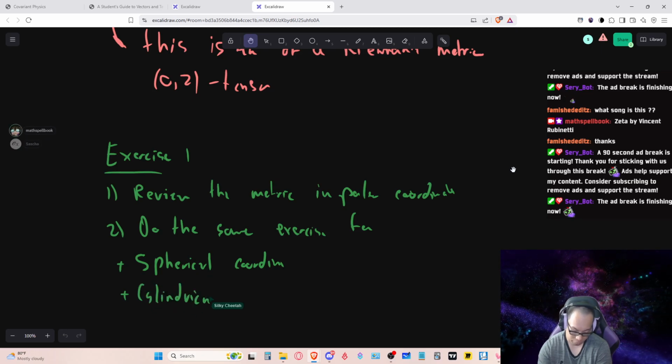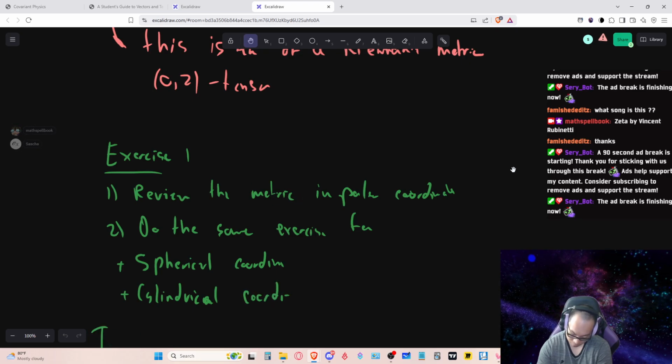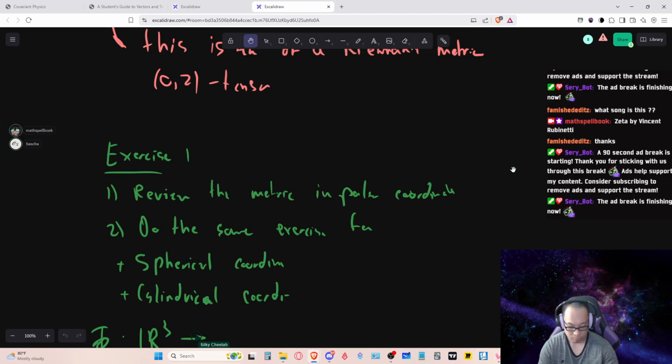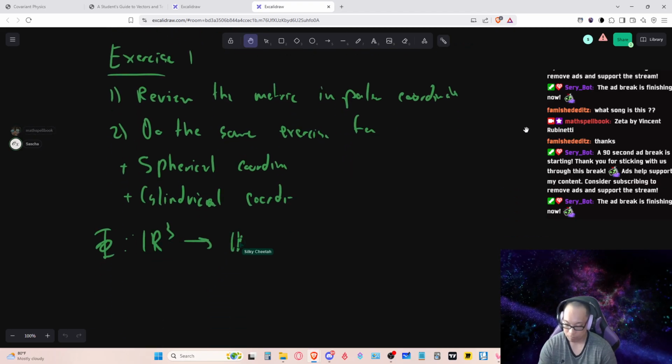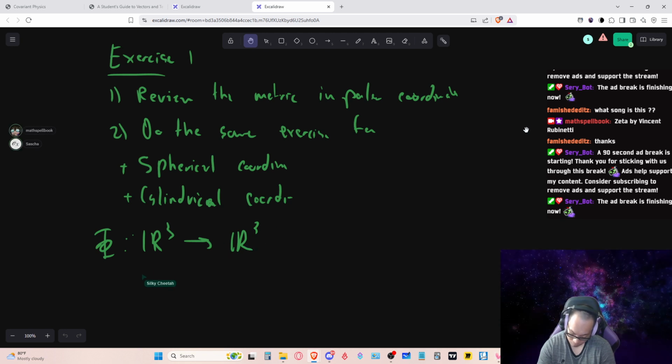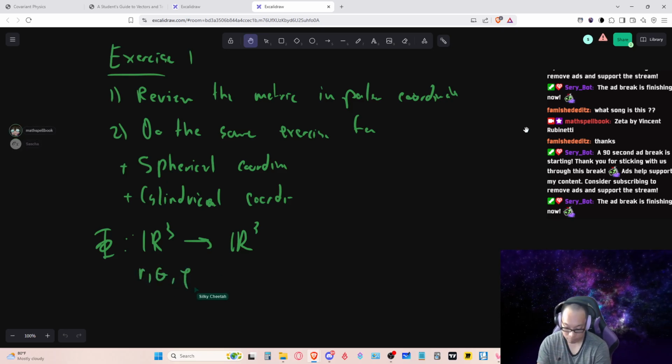And that's the metrics, right? Yeah. So again, you will have a change of coordinates. There will be some map, which will be some subset of R3 to R3. That map gives you, for example, spherical coordinates to Cartesian coordinates, and in that space you will have three axes: r, theta, and phi.